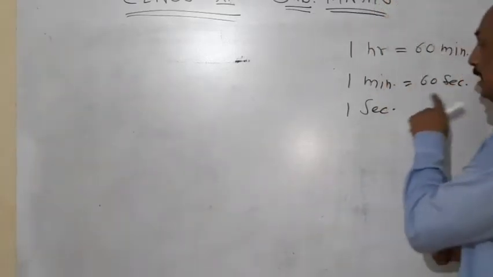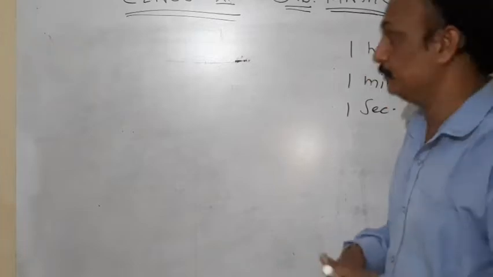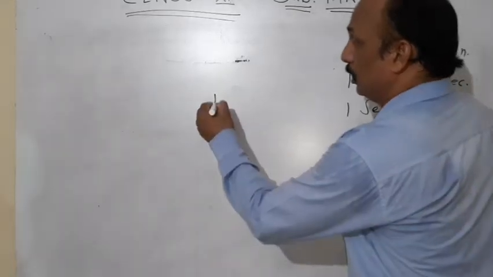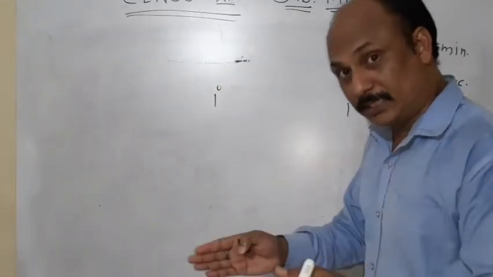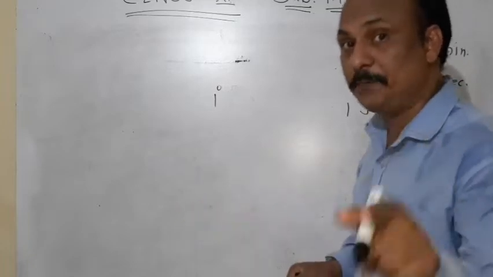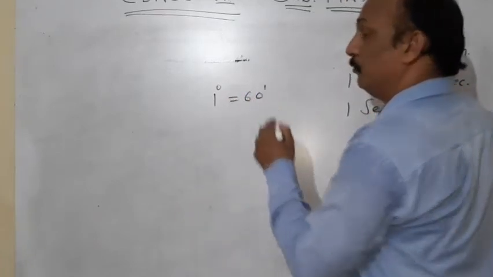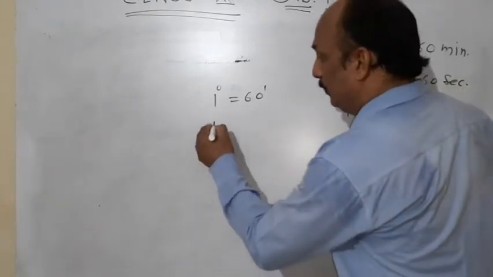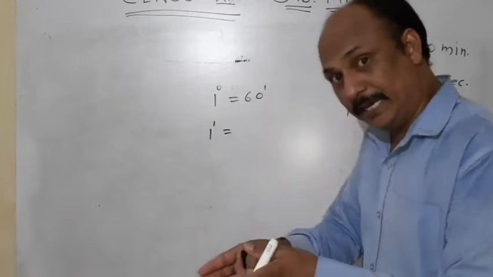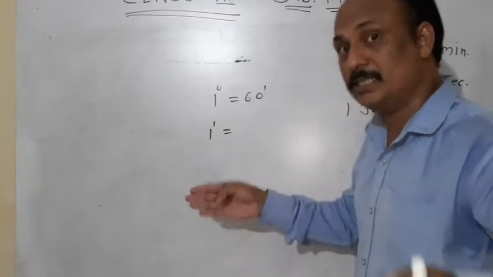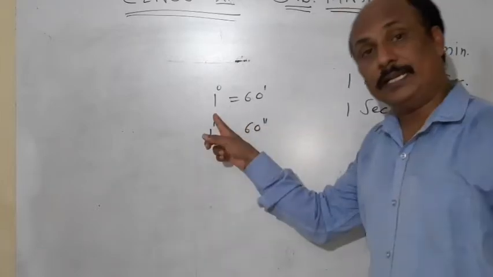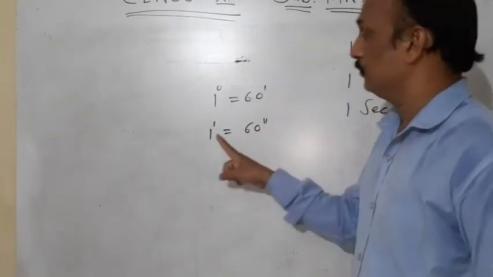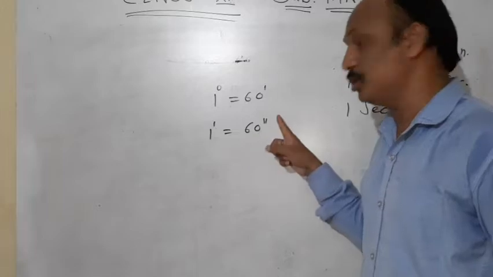which are called seconds. Okay? Similarly, in angle measurement, 1 degree breaks into equal 60 parts which are called minutes, and 1 minute also breaks into equal 60 parts which are called seconds. 1 degree is equal to 60 minutes and 1 minute is equal to 60 seconds.